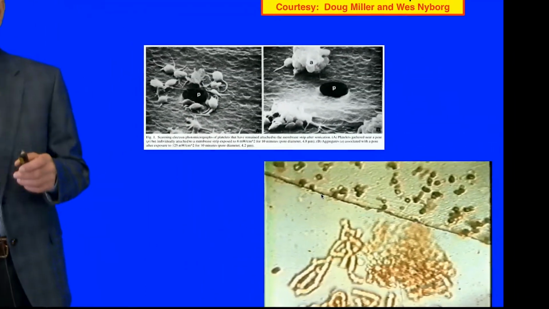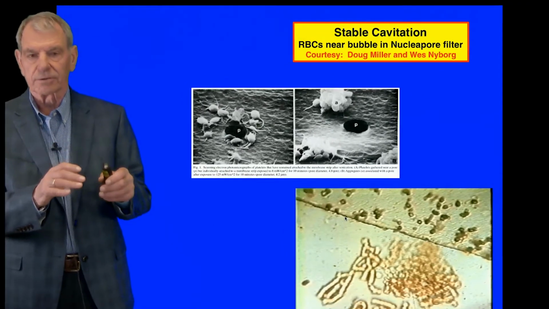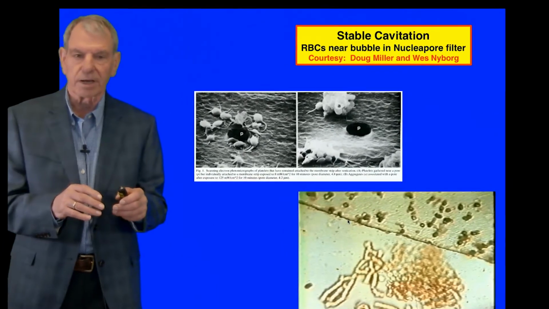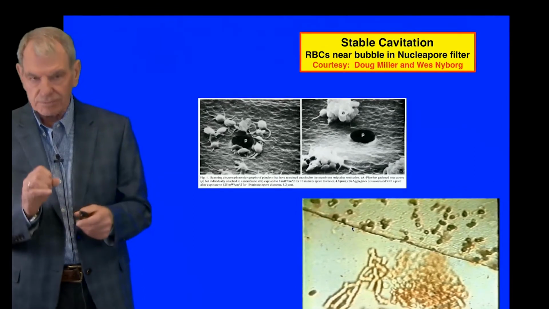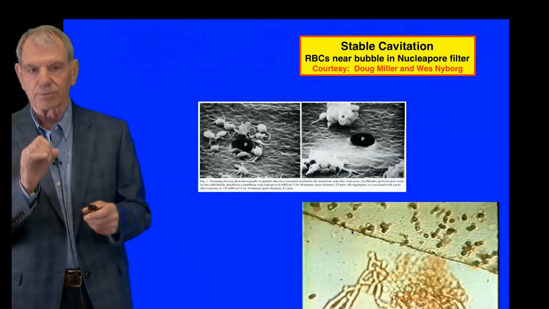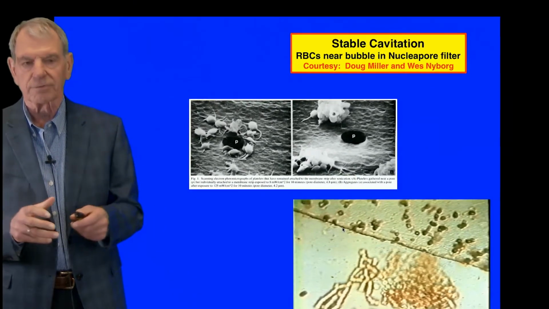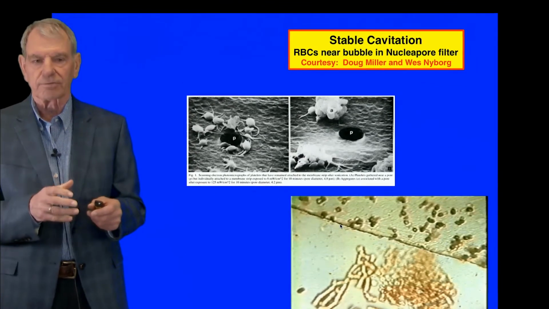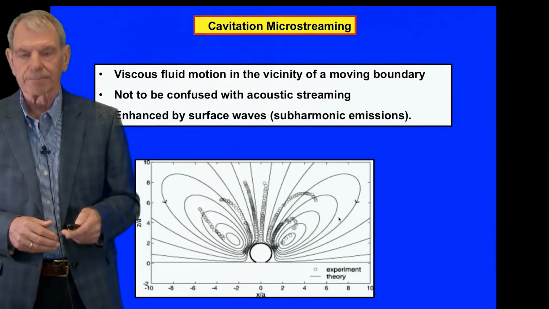So in a sense, this is a direct application of a medical or a biological effect of stable cavitation. So stable cavitation is a single bubble that remains in its sort of integrity through the acoustic field, and this oscillation can have biological effects.